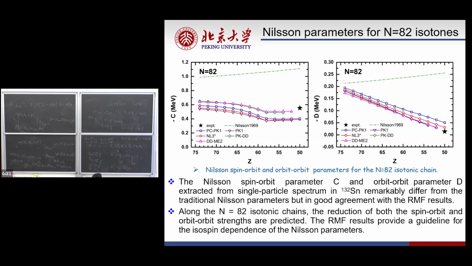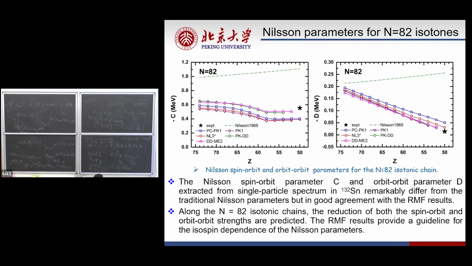You see this is the new Nilsson parameter and this is the traditional one. From various relativistic density functionals we give the coefficients, how they change with the Z numbers. This is the traditional Nilsson model; you will see they have a different trend, and this expands the values.